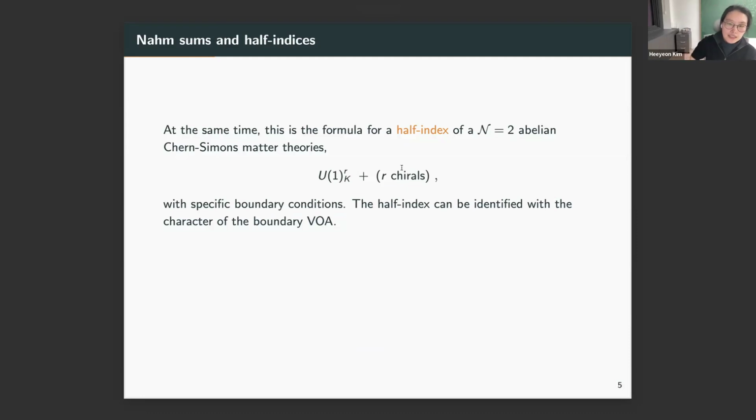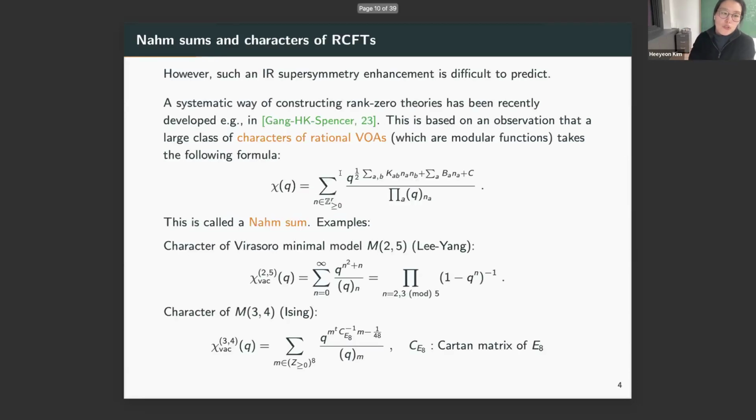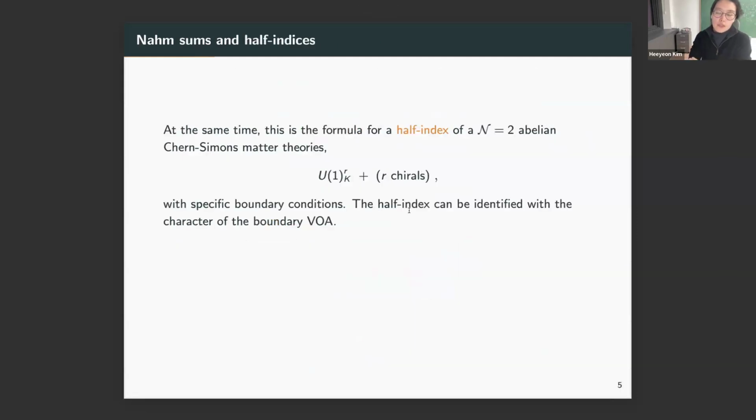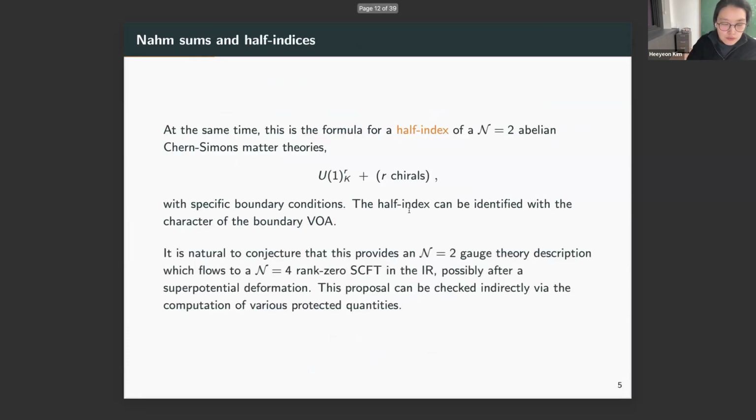The half index of this theory can be computed, and if it is computed with some specific choice of boundary conditions, you can show that it reduces to one of those formulas. Also, if the boundary condition is compatible with the topological twist that we perform on a Berg, this half index can be identified with the character of the boundary VOA.